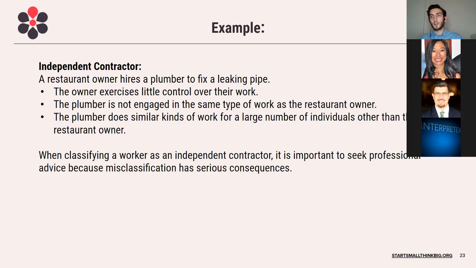For an independent contractor, state law does not place as many obligations. So sometimes there's a tendency to try to fit people into the independent contractor definition because of those extra obligations. And it's important to make sure that they do meet those requirements.